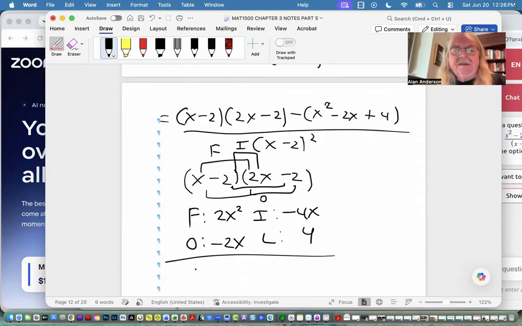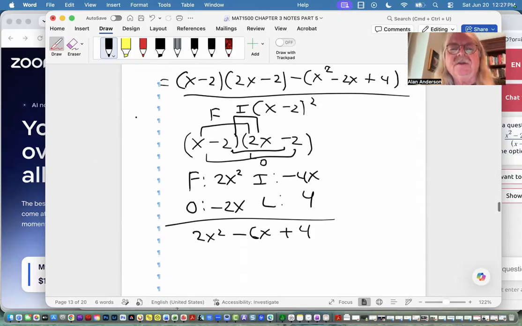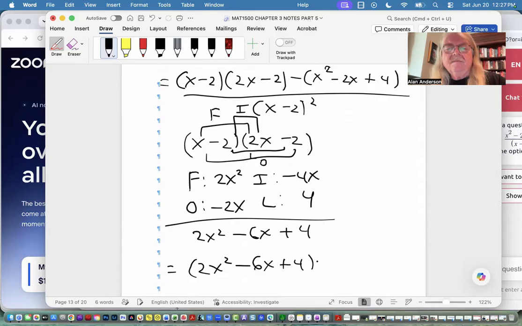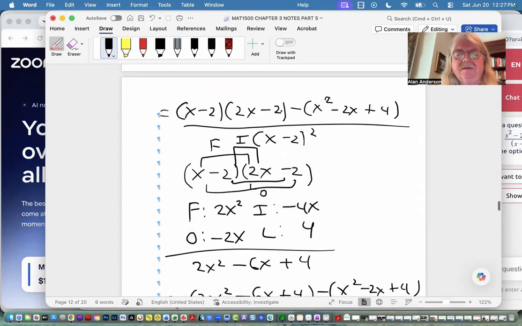So we have 2x squared minus 6x plus 4. And so that's the first part here. This x minus 2, 2x minus 2. And then we have this other quadratic expression, x squared minus 2x plus 4. And we're still dividing everything by x minus 2 squared.